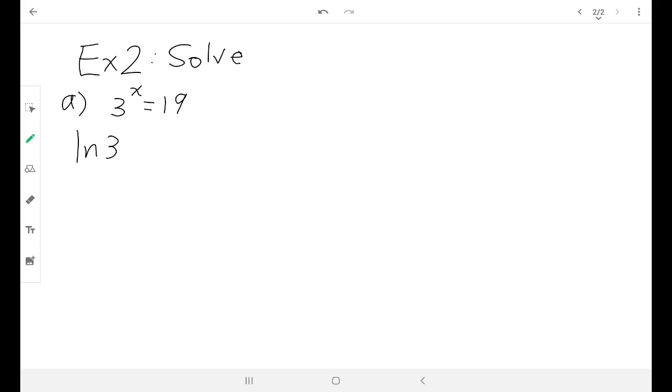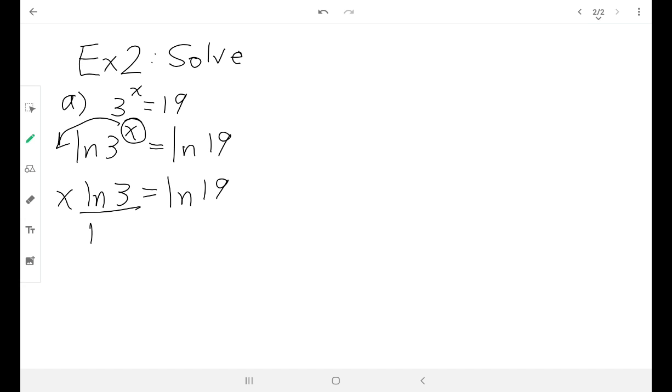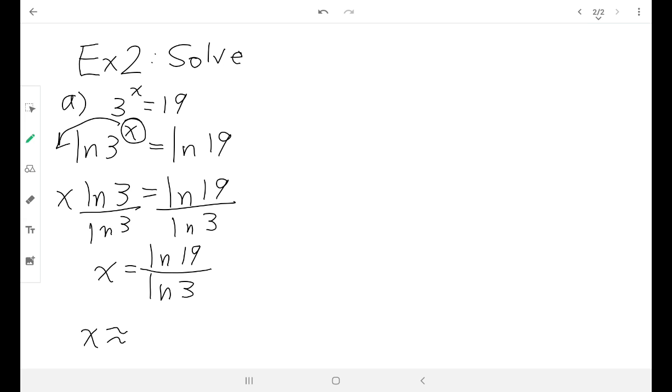This one, I can take the natural log on both sides, and then I can use the property that this exponent can be moved out to the front, so I can have x times the natural log of 3 equals the natural log of 19, and then I can just divide by the natural log of 3 on both sides, and I get x equals natural log of 19 over natural log of 3, and you can put that into a calculator, and when you do, you get approximately 2.68.